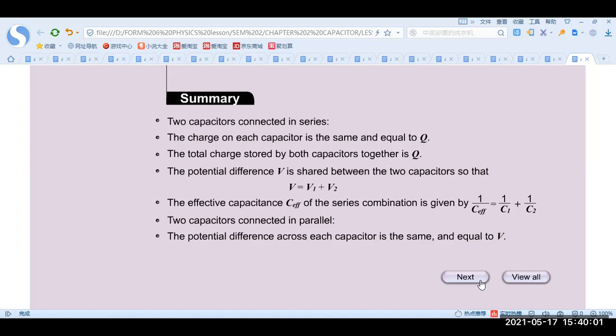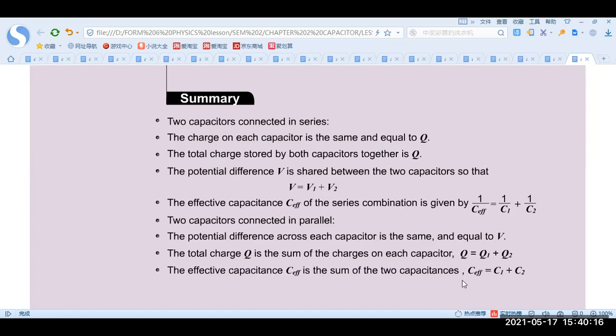V is equal. In series, Q is equal. In parallel, V is equal. But Q total equal to Q1 plus Q2. And finally, the effective capacitance will be equal to C1 plus C2.